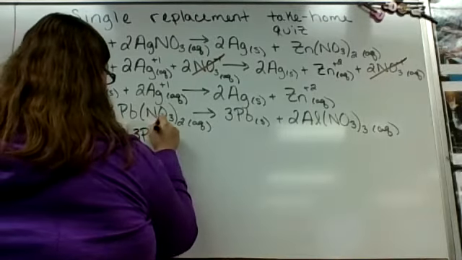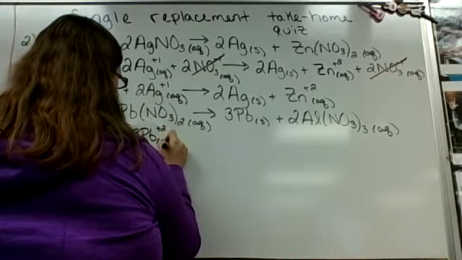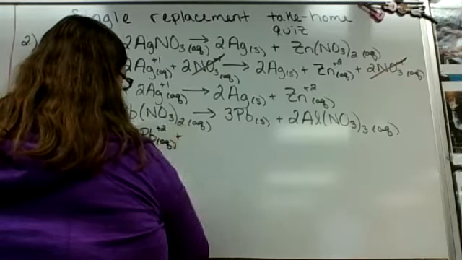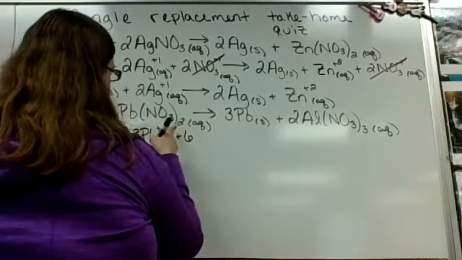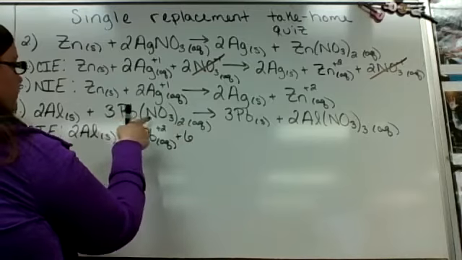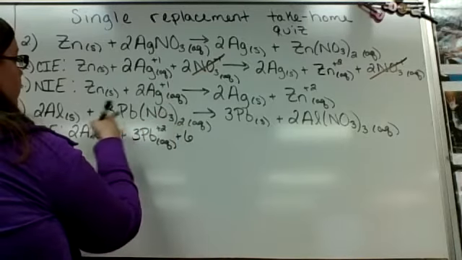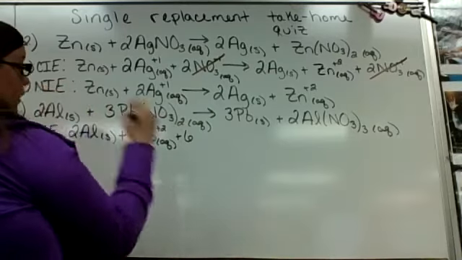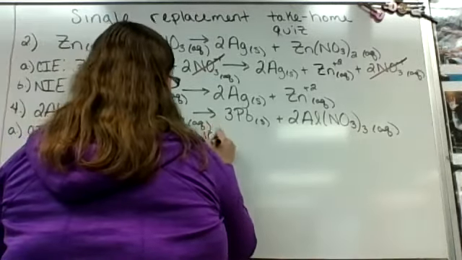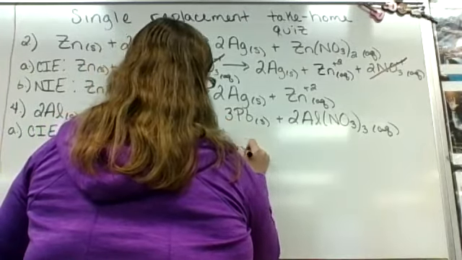What charge? +2. Plus how many nitrates? Good. You have a number outside the parentheses, so that's how many chunks is in Pb(NO3)2. So you take the 2 and multiply by the 3, and that gives you how many nitrate ions. So 6 NO3 minus 1 aqueous yields.